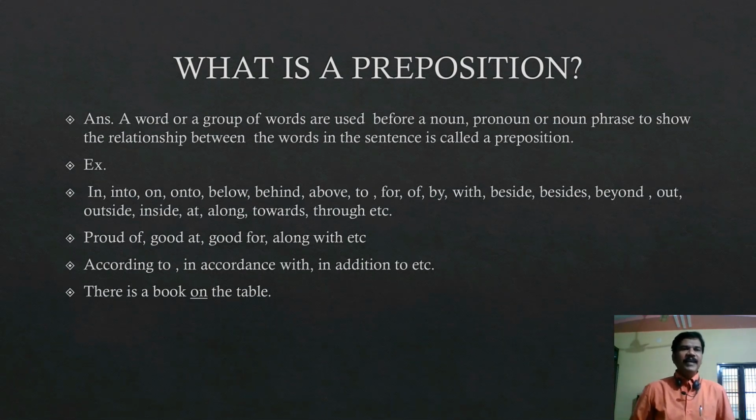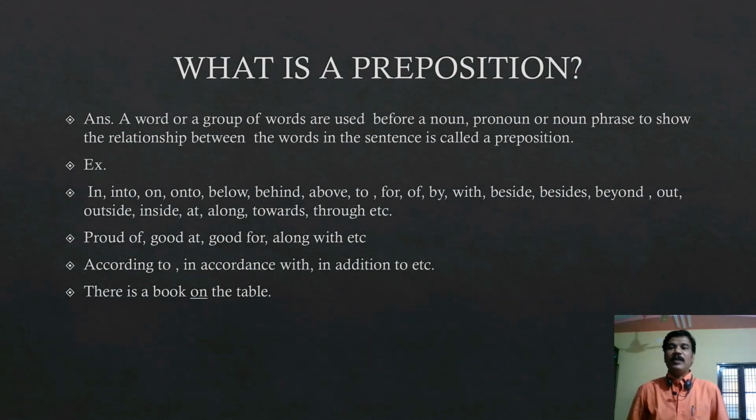Examples: in, into, on, onto, below, behind, above, to, for, of, by, with, beside, besides, beyond, out, outside, inside, at, along, towards, through, etc. Proud of, good at, good for, along with, etc. According to, in accordance with, in addition to, etc.